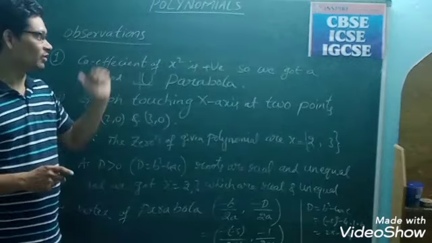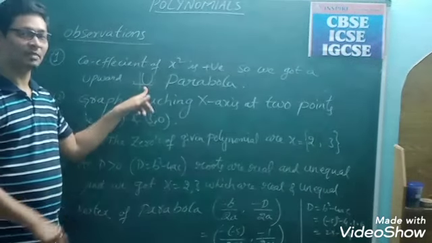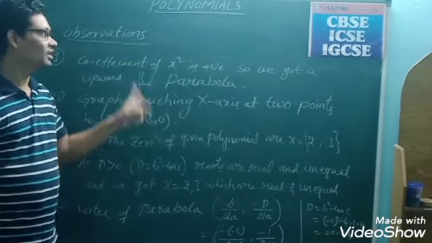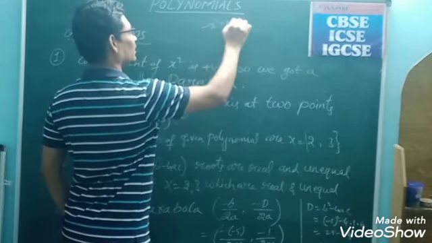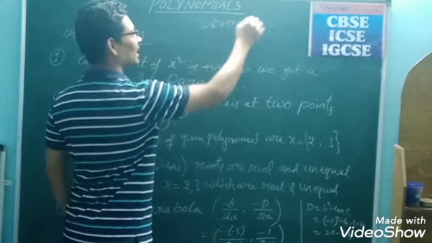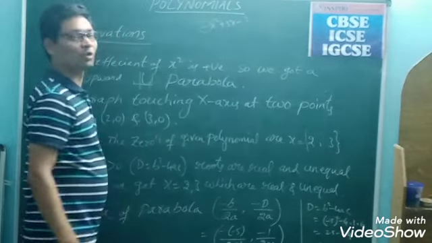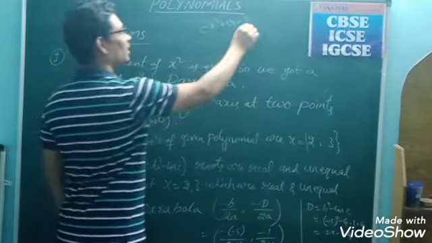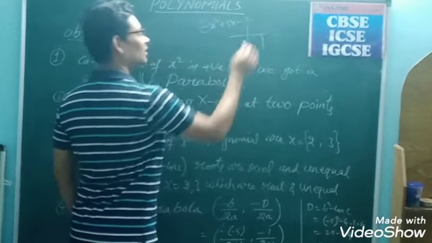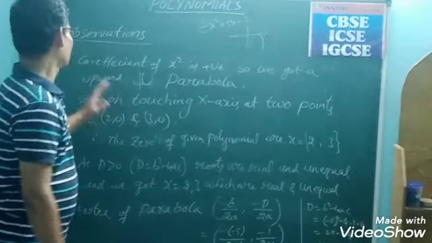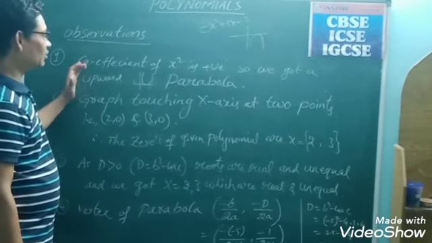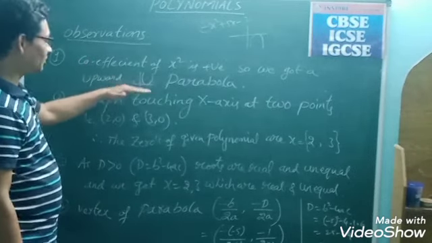So if the x square coefficient is positive, we will get the parabola upwards. Suppose there is a polynomial like minus x square plus 5x minus 2, where the coefficient of x square is negative, then you may get a parabola like this, in reversed order. So the first observation: the coefficient of x square is positive, and we have got an upward parabola.